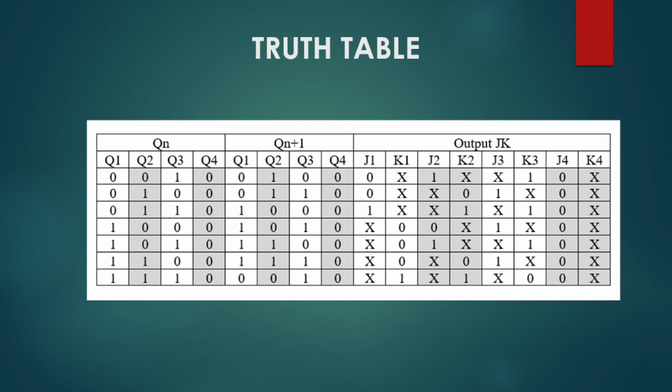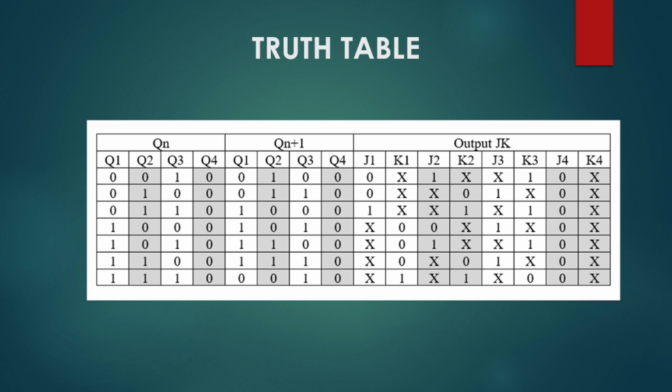On the fourth line, when Qn is 1000 and Qn plus 1 is 1010, JK1 will be X0, JK2 0X, JK3 1X, and JK4 0X.